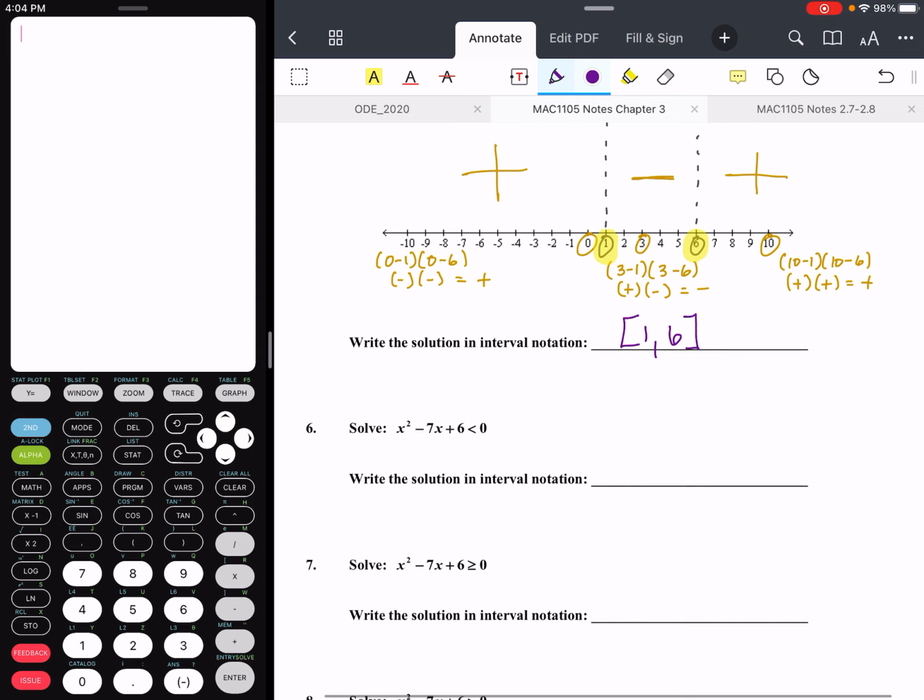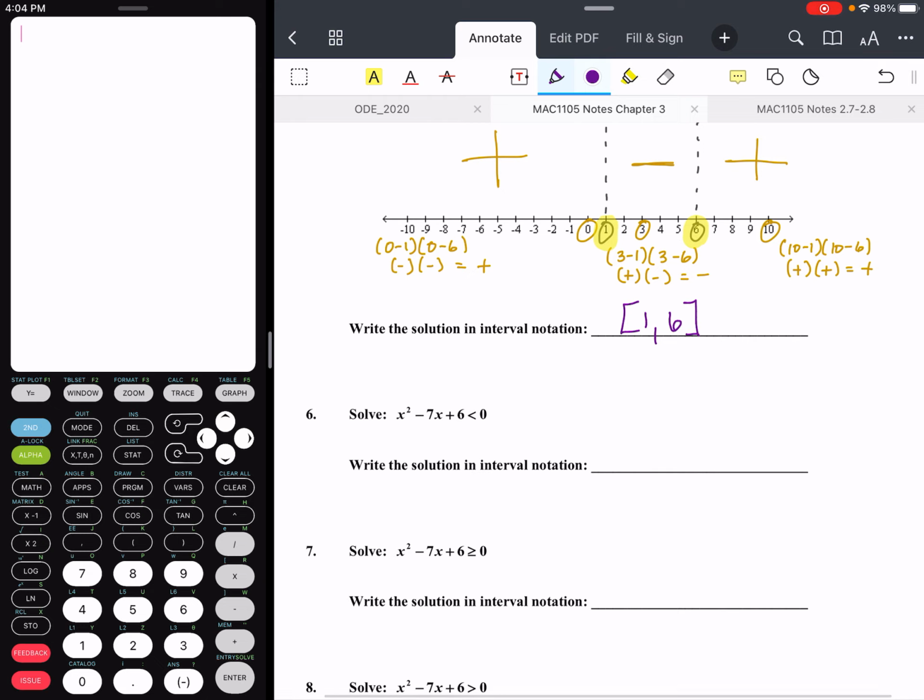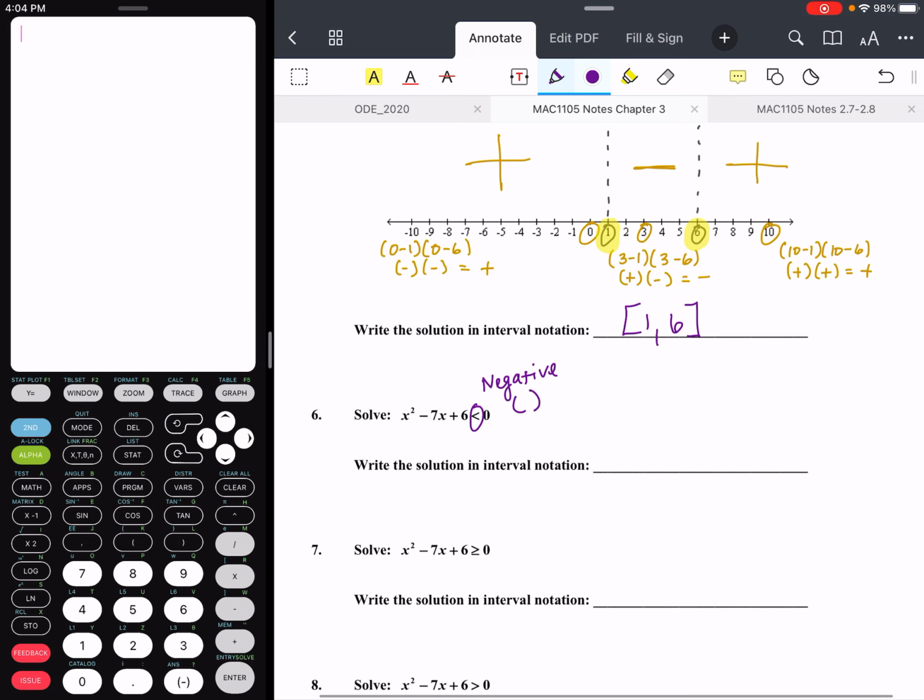Using the same sign chart that I created, for number 6, x squared minus 7x plus 6 is less than 0. Less than means I want my negative interval, and I'm going to use rounded parentheses because it's strictly less than. So now I have rounded parentheses from 1 to 6.